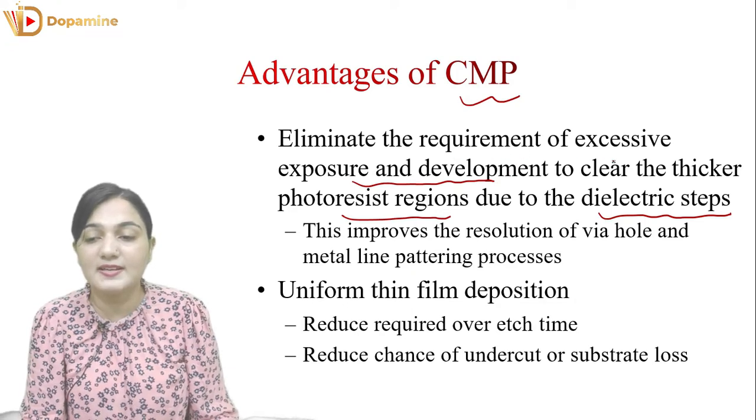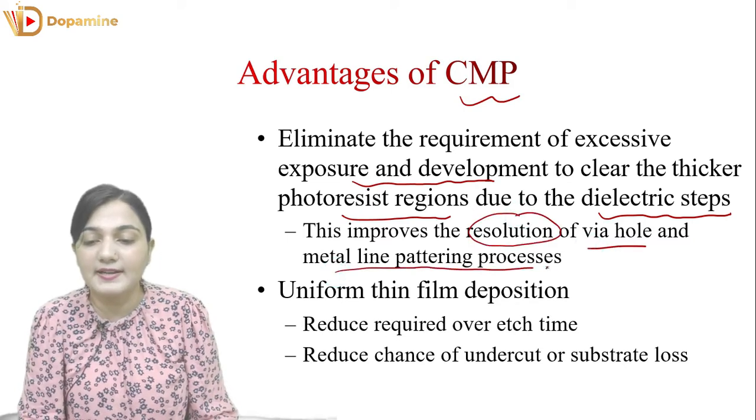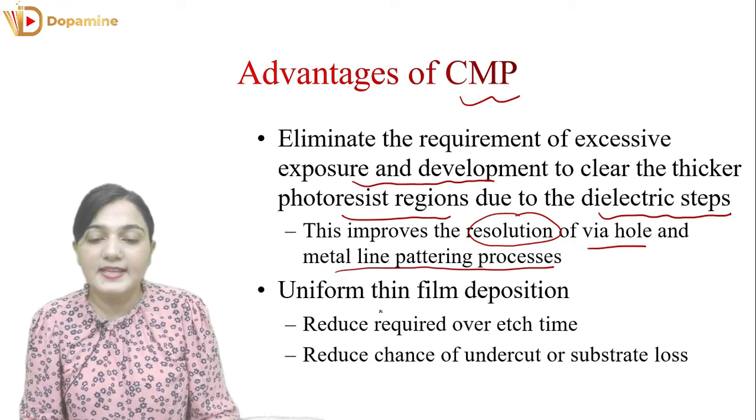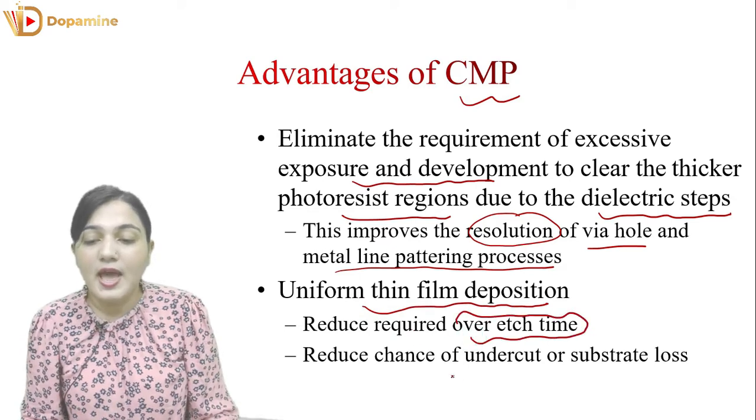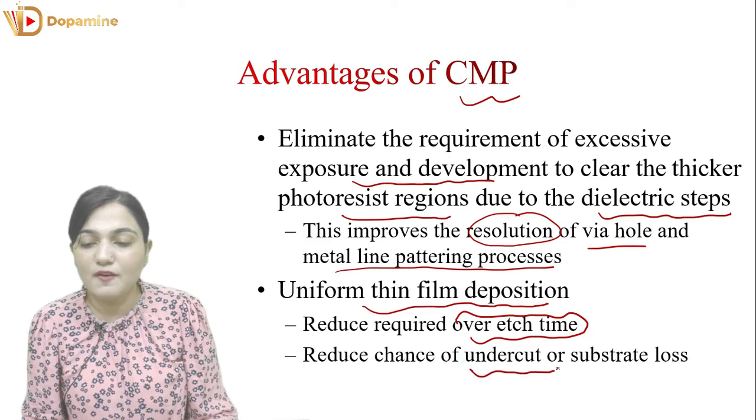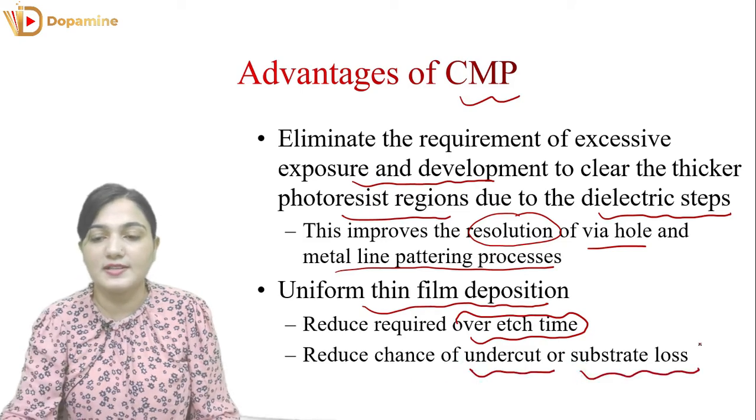So it eliminates that requirement, and this also improves the resolution of via holes and the metal line patterning process. The second advantage is that we will be getting uniform thin film deposition, which reduces the required overetch time. Overetch time is reduced, and it also reduces the chances of undercut or substrate losses.